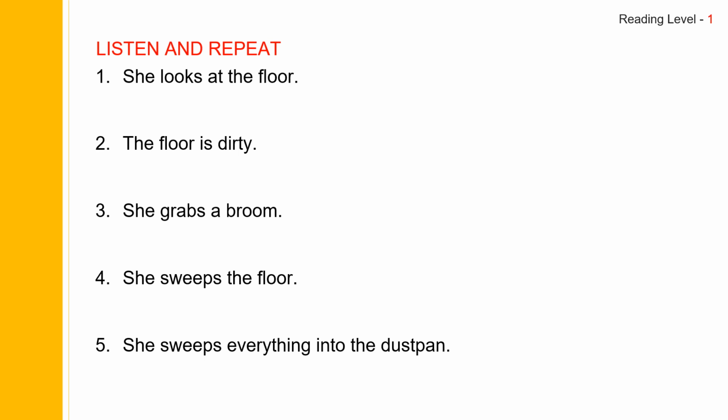Let's go back to the first sentence. She is third person singular, so we need an S, and read it together as looks at. She looks at the floor, and the floor is dirty. D-I-R-T-Y, but after R, T sounds like R. So you read it as dirty.